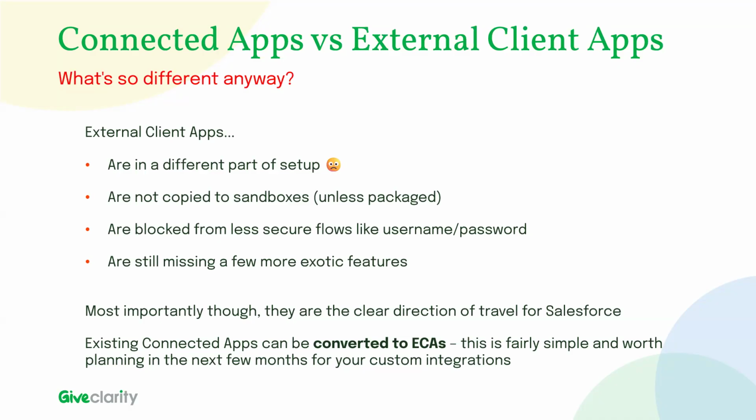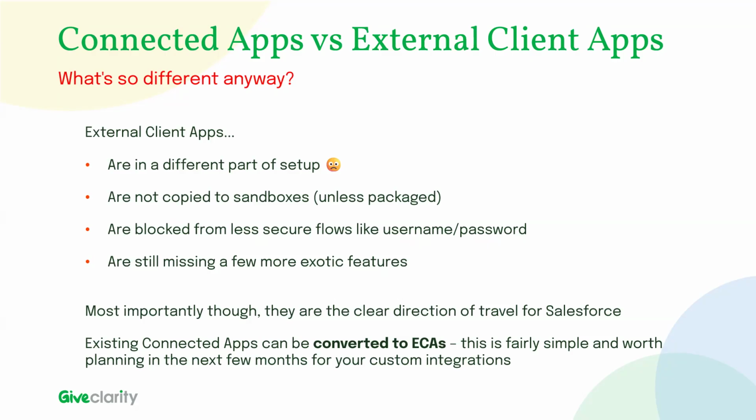I'm actually not aware of there being a deadline. I haven't seen one. Everything I've seen and heard is that connected apps are still considered secure, but they're just not the direction of travel for Salesforce, and external client apps are considered more secure.